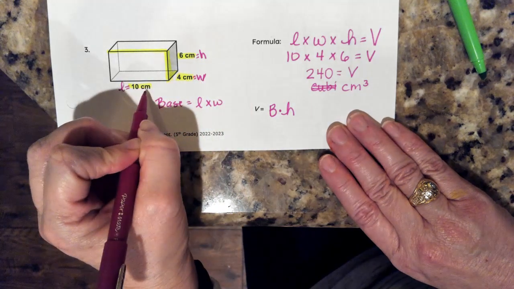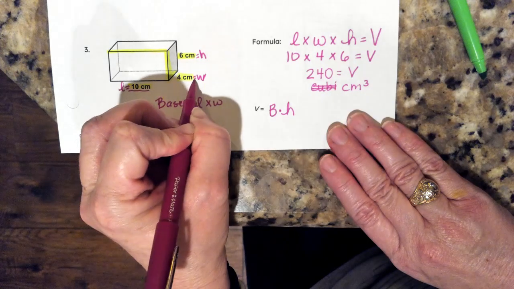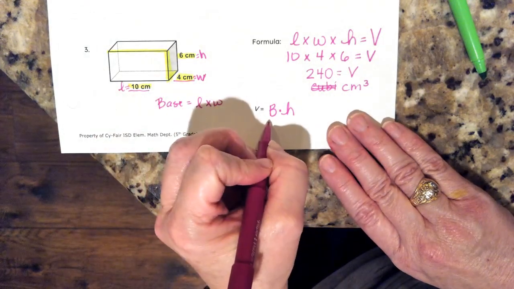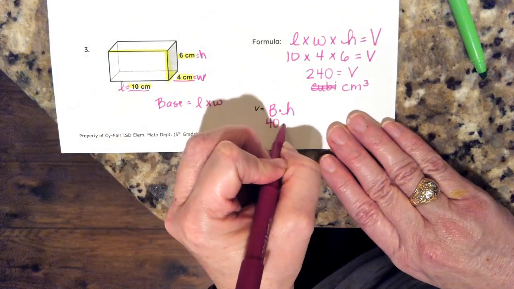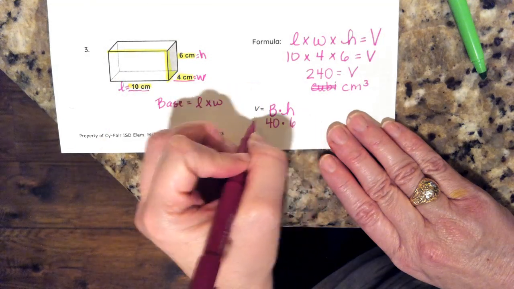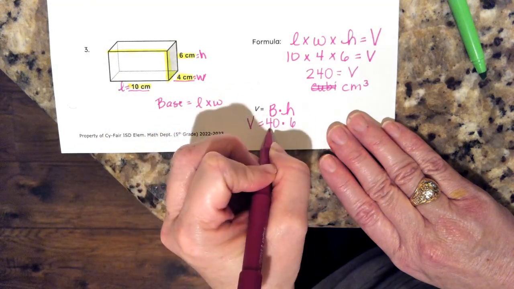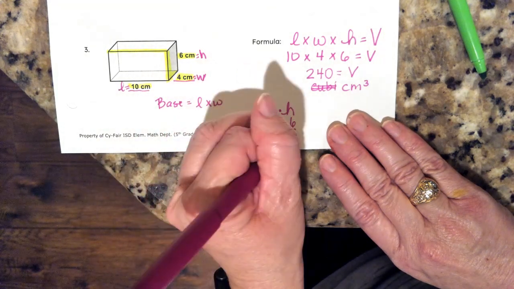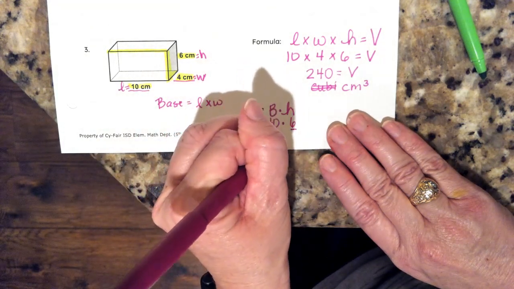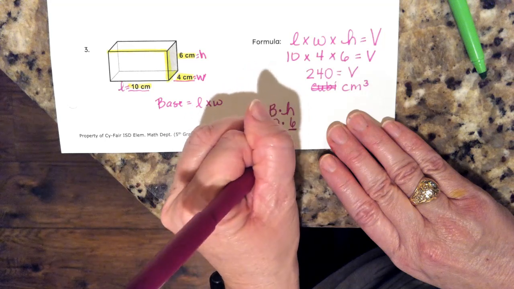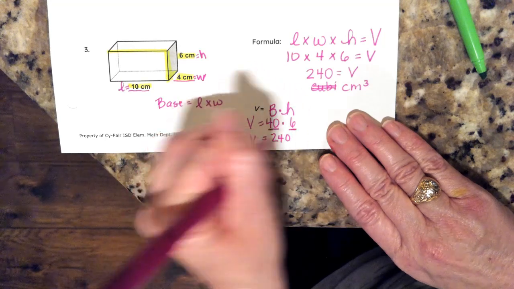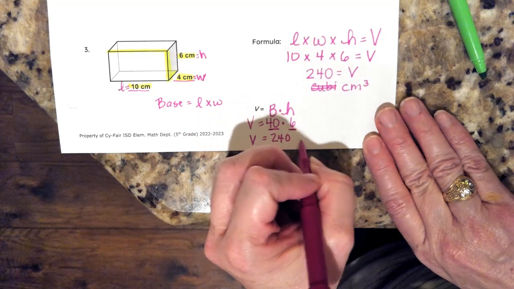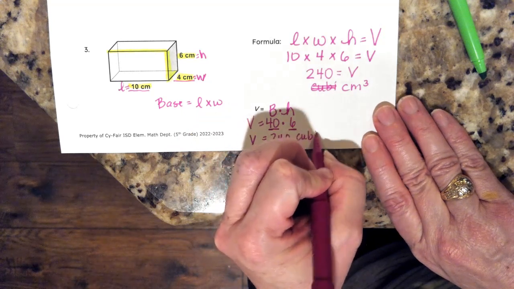So if I take the 10 and the 4 and I put them together, I'm going to get 40 times the height of 6. And so if I go back to what I know about multiplying, 4 groups of 6 is 24. So 40 groups of 6 is 240. And so there I can confirm that my multiplication is spot on.